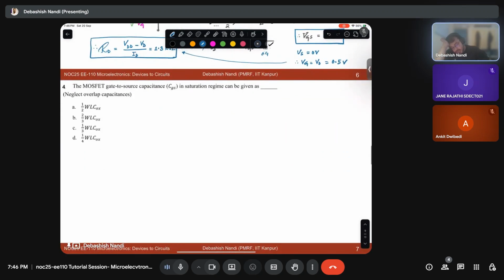The MOSFET gate to source capacitance in saturation region can be given as, any idea? What is the answer? I know that you know the answer, but tell me why it is so.